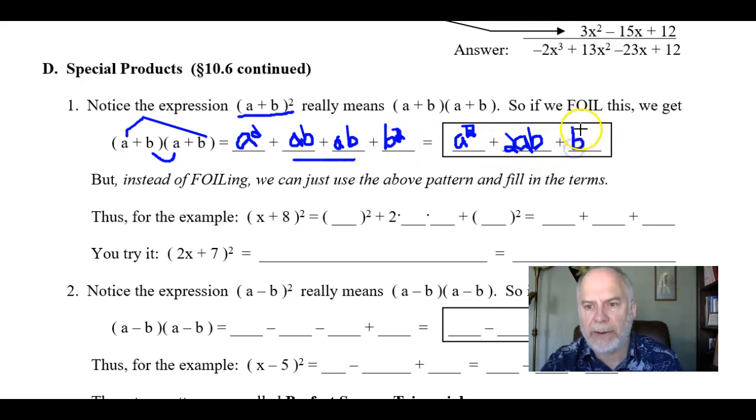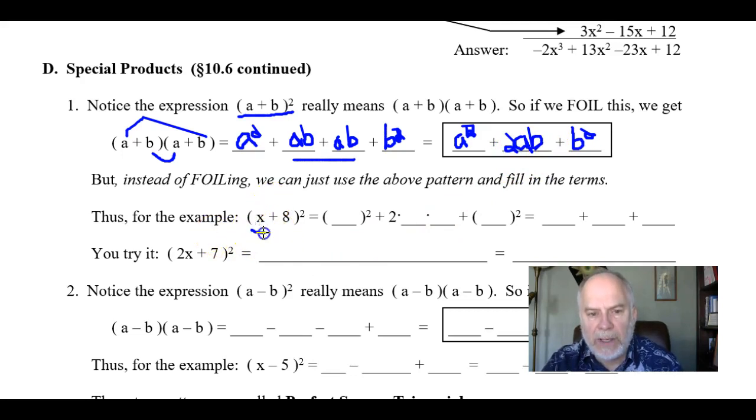So look at this pattern. When you square a plus b, you don't just get a squared plus b squared. You get a squared plus 2ab plus b squared. All right? So you square the first thing, you square the second thing, but then you also add this middle term, 2ab.